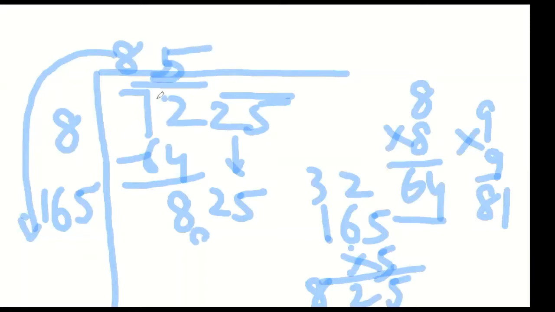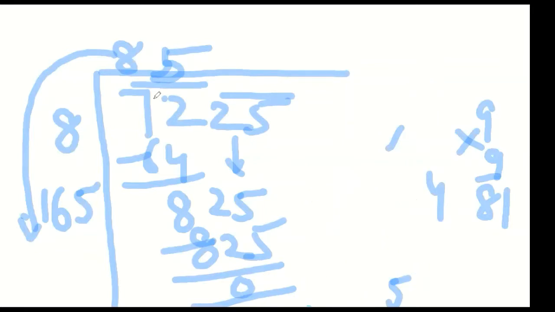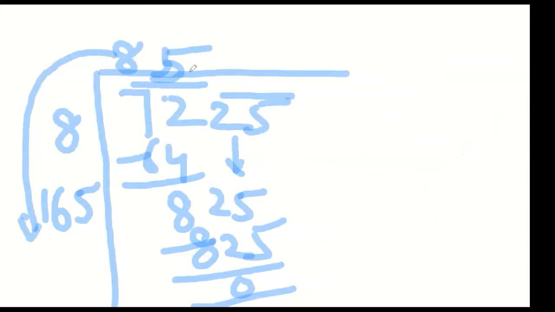So I write 825. What do I find? I find 85 is the square root of this. Now I make a place here. I have to write my answer like this, because the teacher is going to cut your marks if you do not give a good presentation.